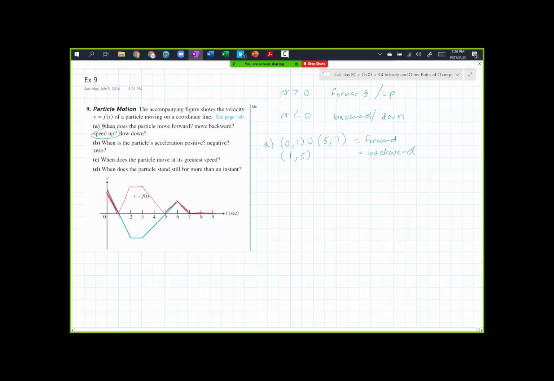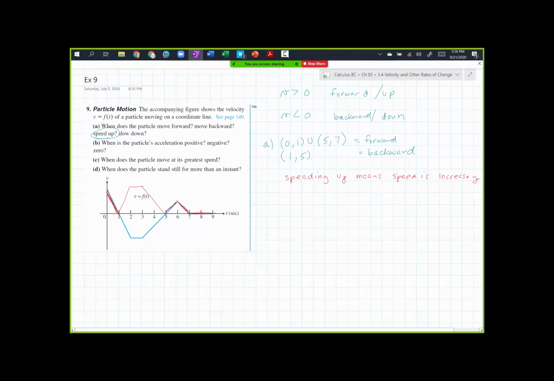So, when is it speeding up? Whenever the speed is increasing. So speeding up means speed is increasing.